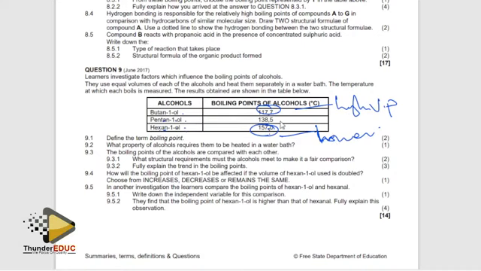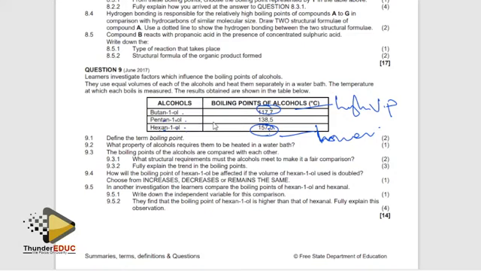Why? Because it will require a high amount of heat to break the intermolecular forces of attraction, whether it is London force, dipole forces, or hydrogen bonds. In this case, because it is an alcohol, it has London force and hydrogen bonds. So it requires high energy to break those intermolecular forces of attraction. Therefore, it forms a lower vapor pressure.